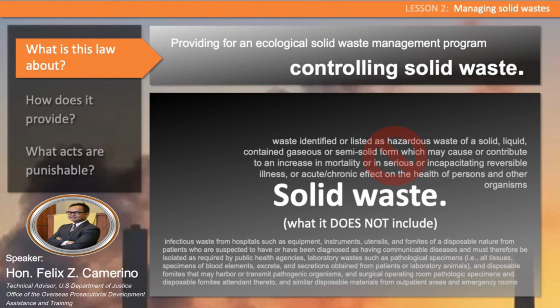Some of the other things included in infectious waste from hospitals are disposable fomites that may harbor or transmit pathogenic organisms. Basically what it's referring to there is things from labs, laboratory wastes. So essentially there's about 3 different categories that it's talking about here.